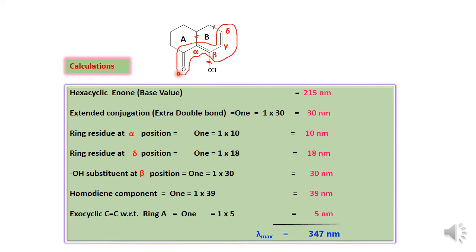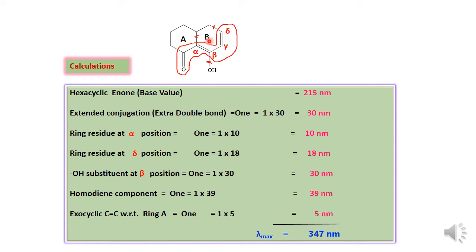We will only consider the carbon carbon double bond and not the carbonyl double bond. So for this ring A, you will get this particular carbon carbon double bond as an exocyclic double bond. It is outside the ring and directly attached to ring A, and it is a part of the conjugation. Therefore there is one exocyclic double bond with respect to ring A.